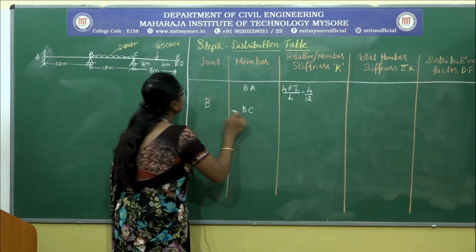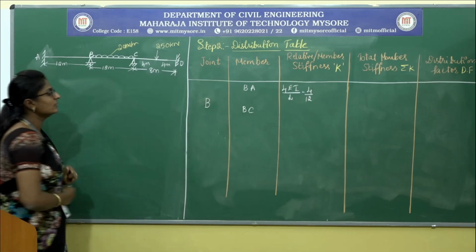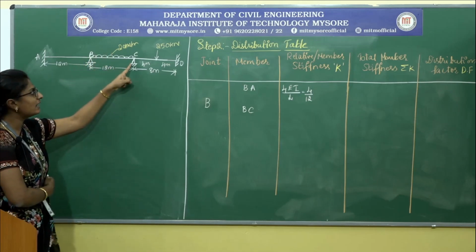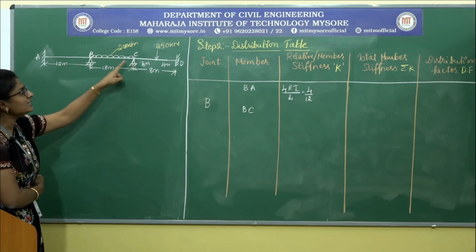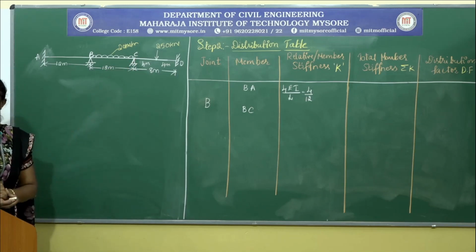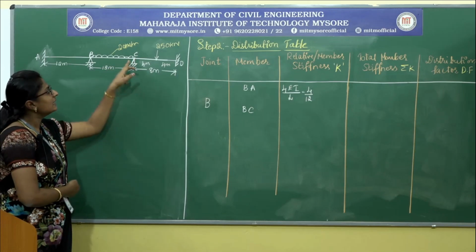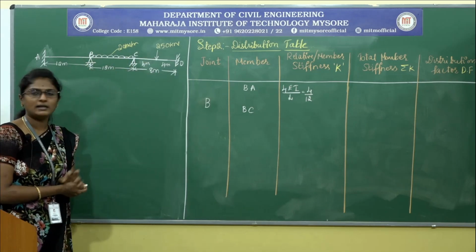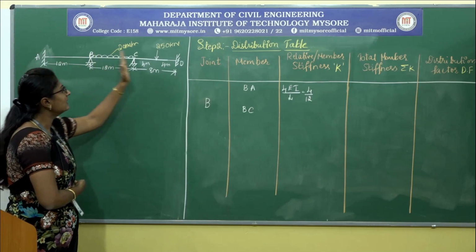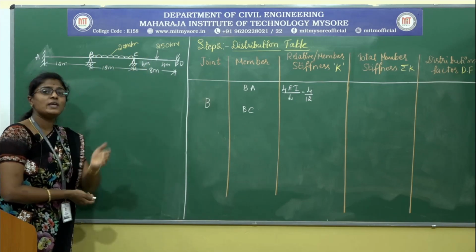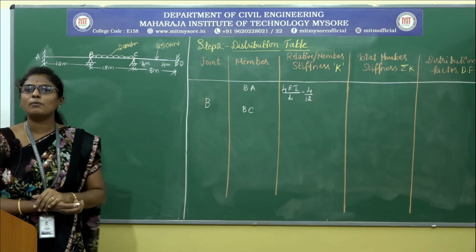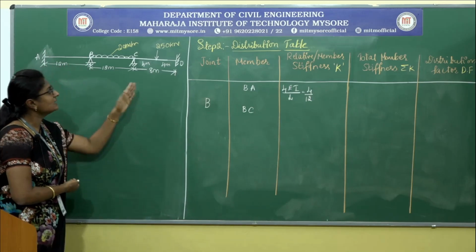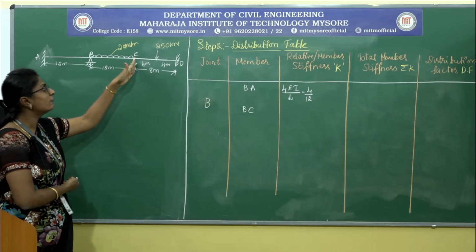Next, for span BC, B is the near end and C is the far end. This far end is actually continuous, and the continuous support is considered as fixed.